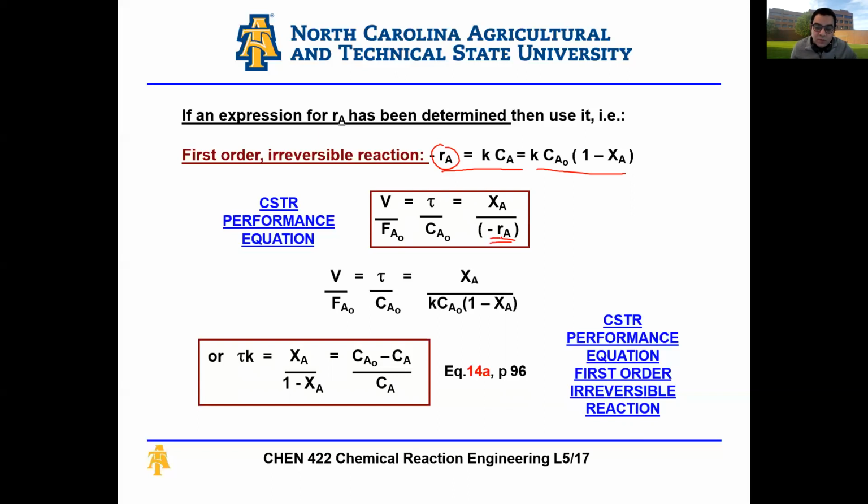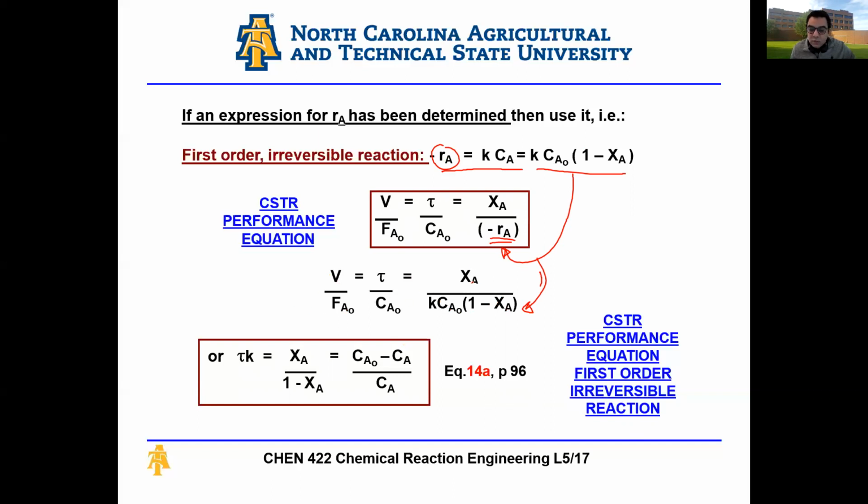If I do this, I get V over FA naught is equal to tau over CA naught is equal to XA over K CA naught times 1 minus XA. And then this becomes the basis to solve your problem, right?